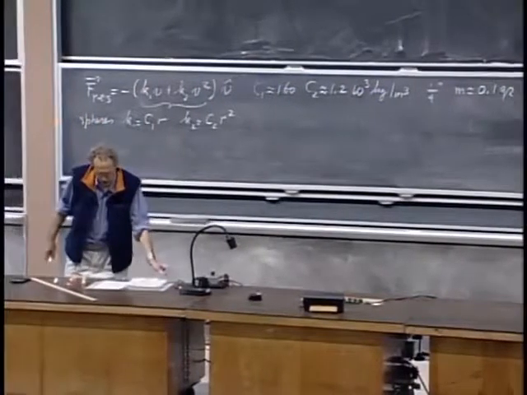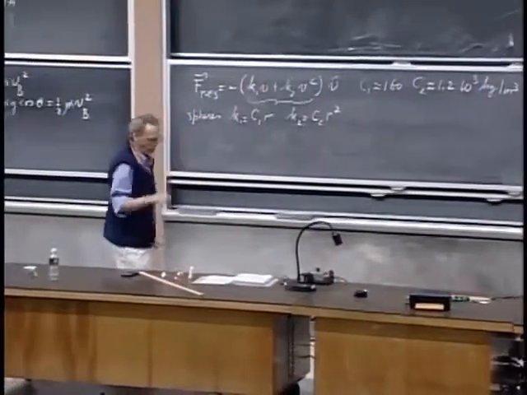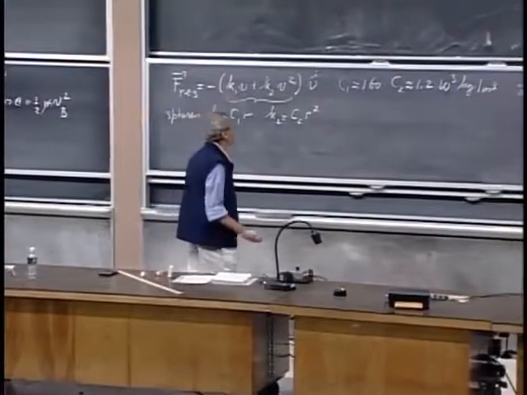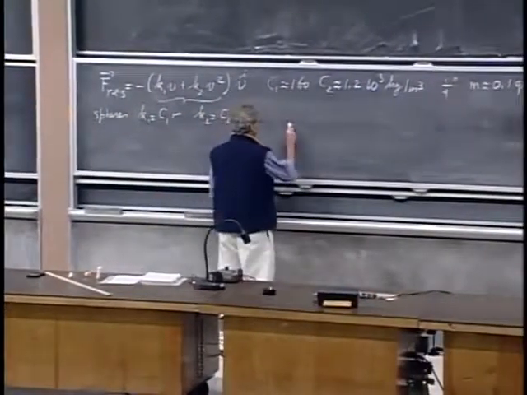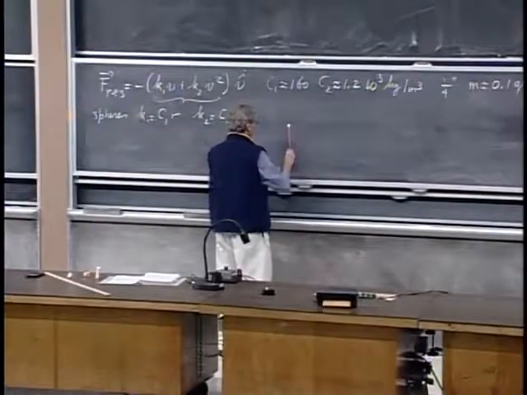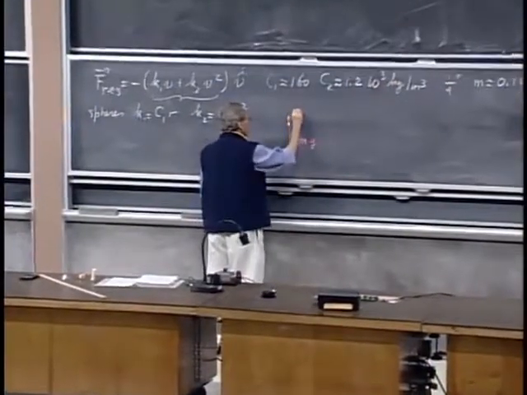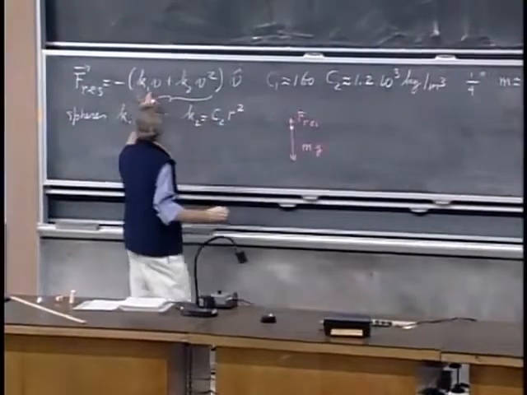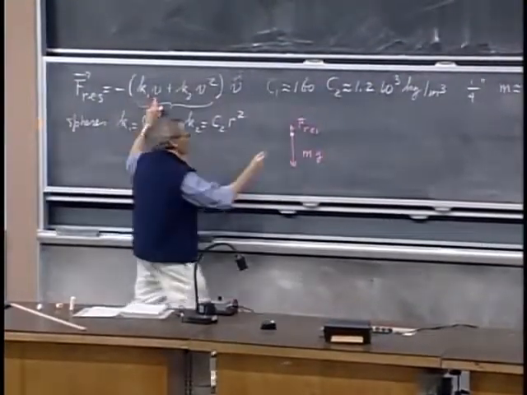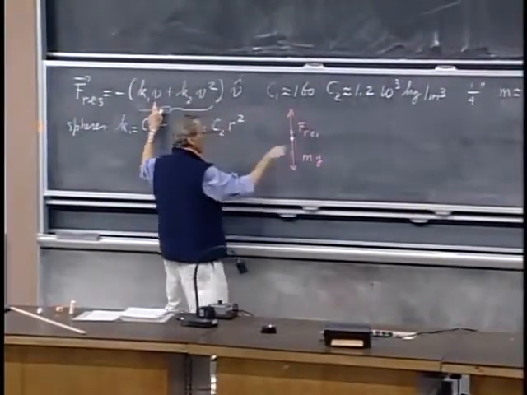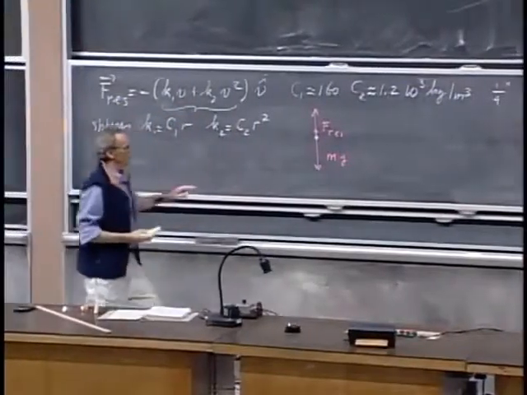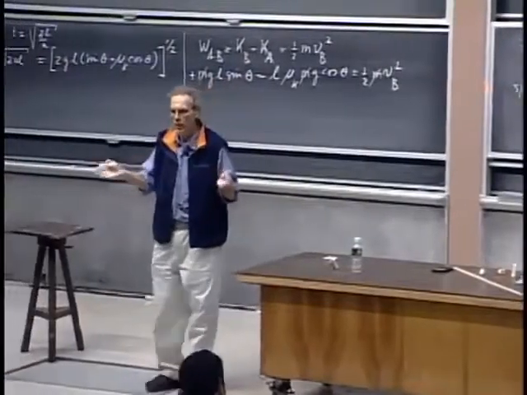And so the question now is, if this ball bearing starts to fall, what is the speed that it will achieve? Well, in the beginning, there is only mg on that ball, and a teeny weeny little resistive force. As the speed builds up, the resistive force will grow, and there comes a time that it's equal to mg, and then the object will not be accelerated anymore, and it will have what we call the terminal velocity.